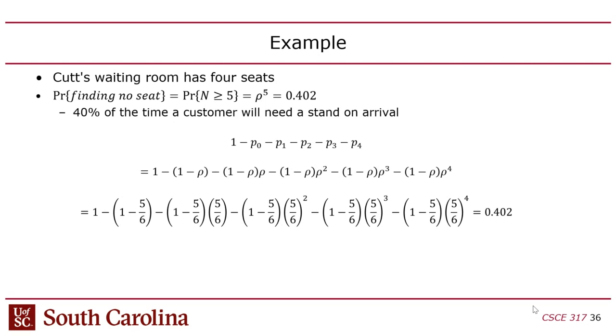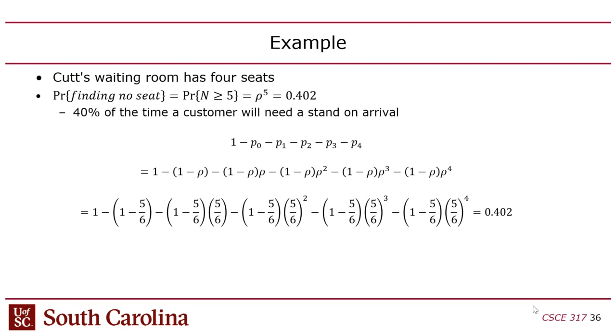However, I know another way to get the same answer. All you have to do is find the probability of being in state 1 up to state 4. Because if you're in state 4, you're going to have 1 customer getting his or her haircut and 3 waiting, right?